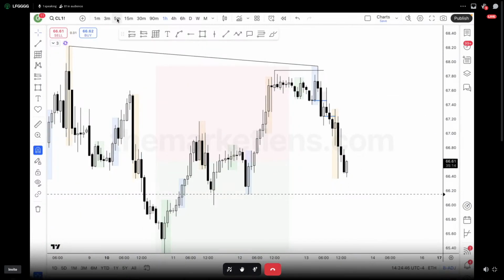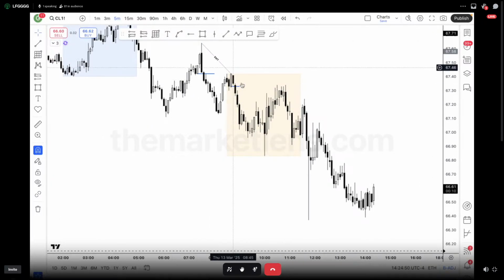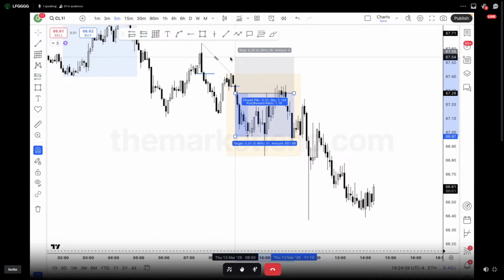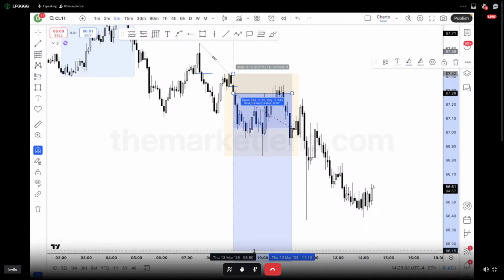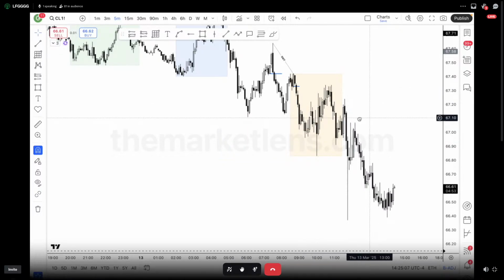But that's what I took. It's just a fractal model right here. We also have an SMT paired with continuation. So this is my entry here. Right there. Looking for this low. And there's SMTs all up in here.